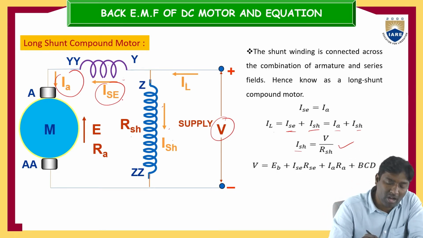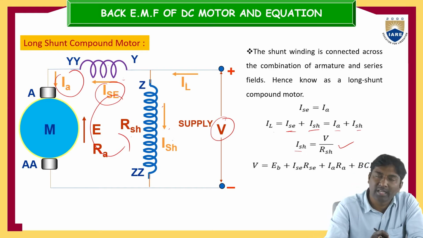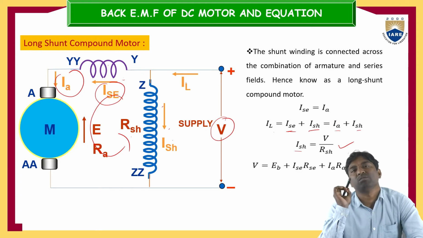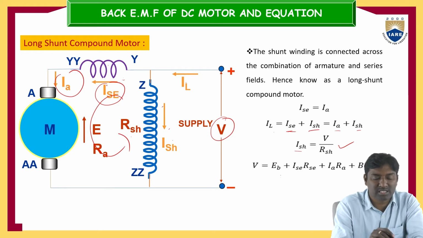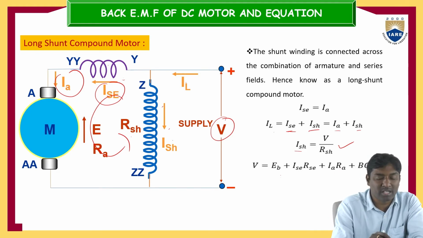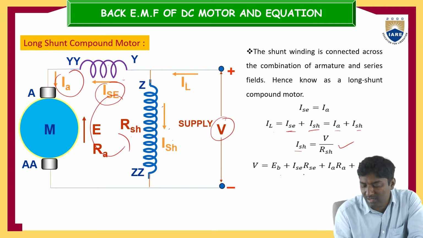Then again apply the loop equation here. Then you can write the relationship between the back EMF and the supply voltage: V is equal to EB plus ISC into RSC plus IA into RA plus brush contact drop. But ISC is equal to IA.